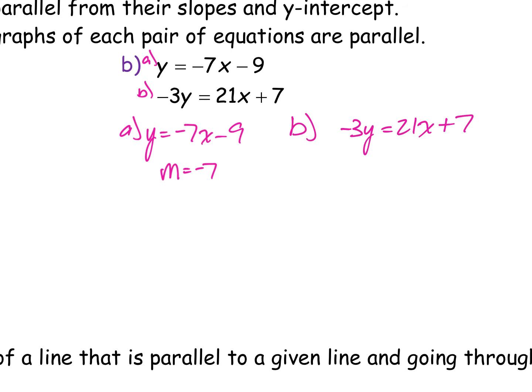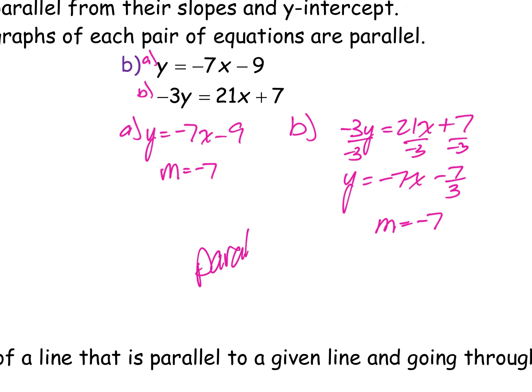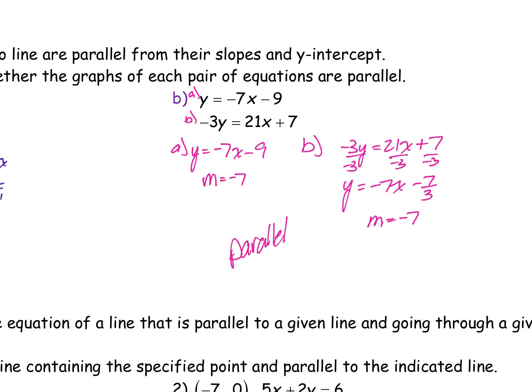What do I need to do first? Divide by -3. And I get y equals -7x minus 7/3. What's my slope? Are my slopes the same? Are my y-intercepts different? So these are, oh my goodness, parallel. Okay.